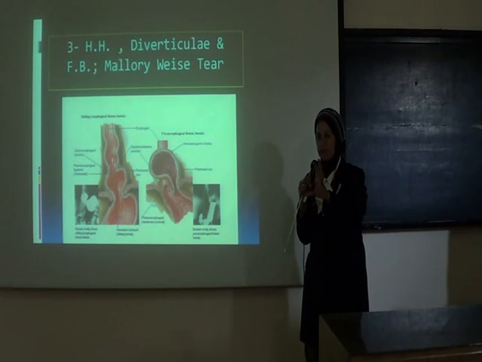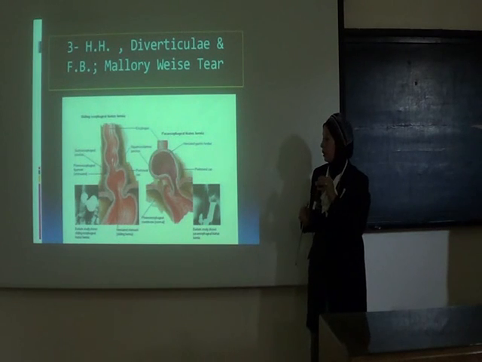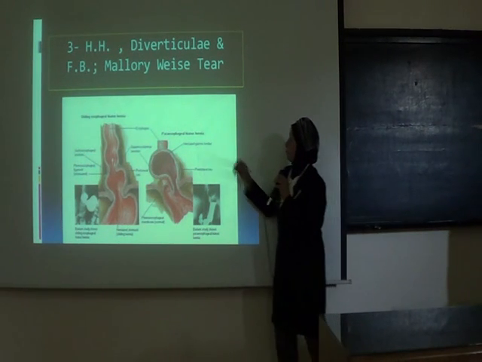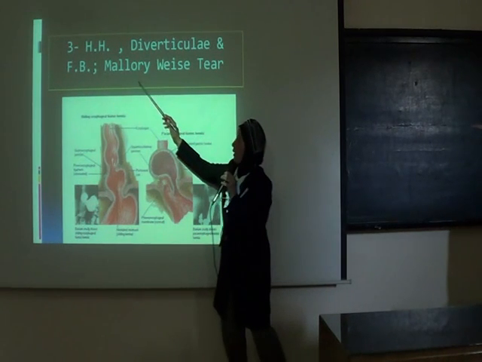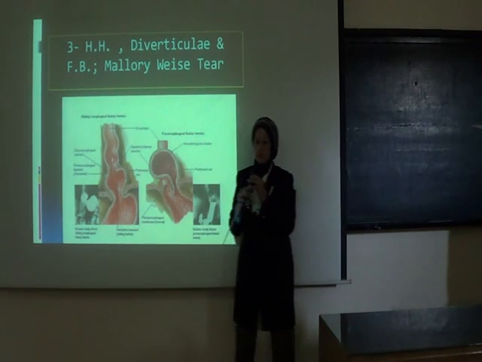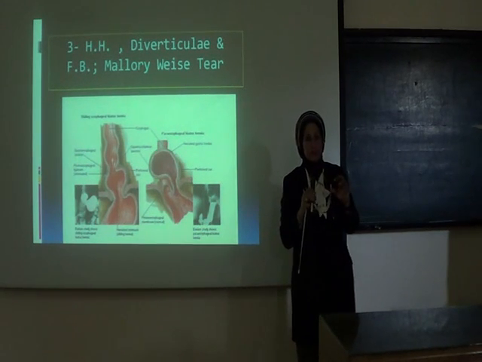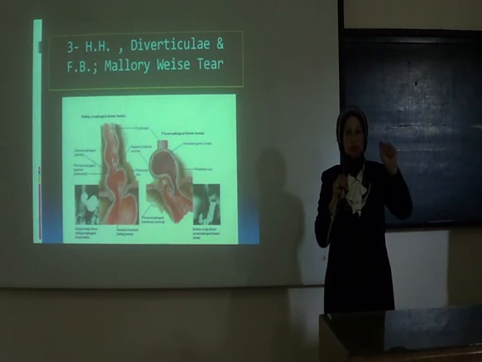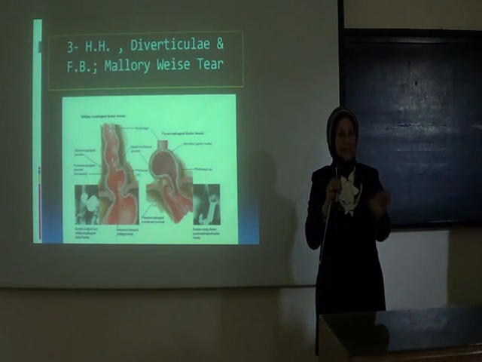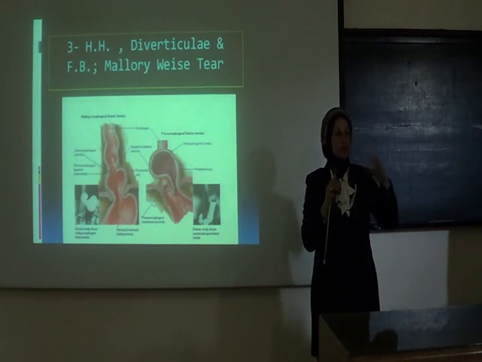Coming to the portal hypertensive gastropathy and gastric antral vascular ectasia, this is the picture of the gastric antral vascular ectasia. This is the antrum, and we found this severely congested mucosa here, the mucosa like the skin of measles. This is from the dilated visible capillaries underlying the mucosa of the stomach, giving this picture.